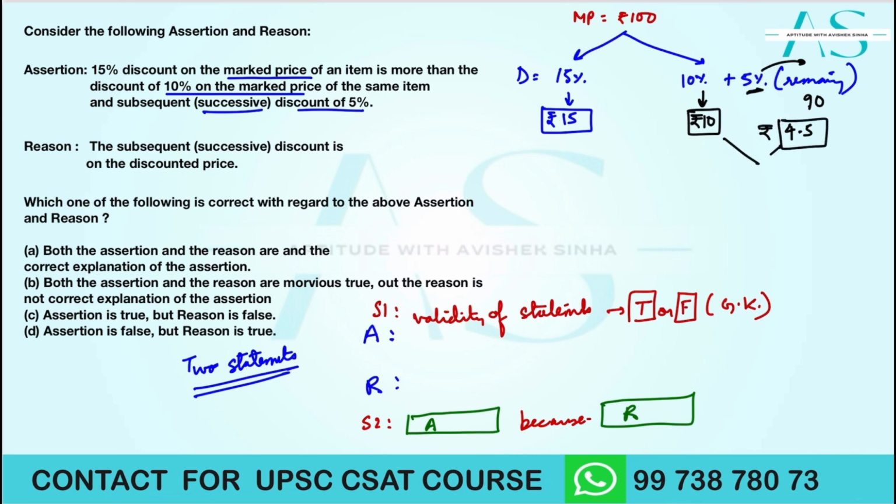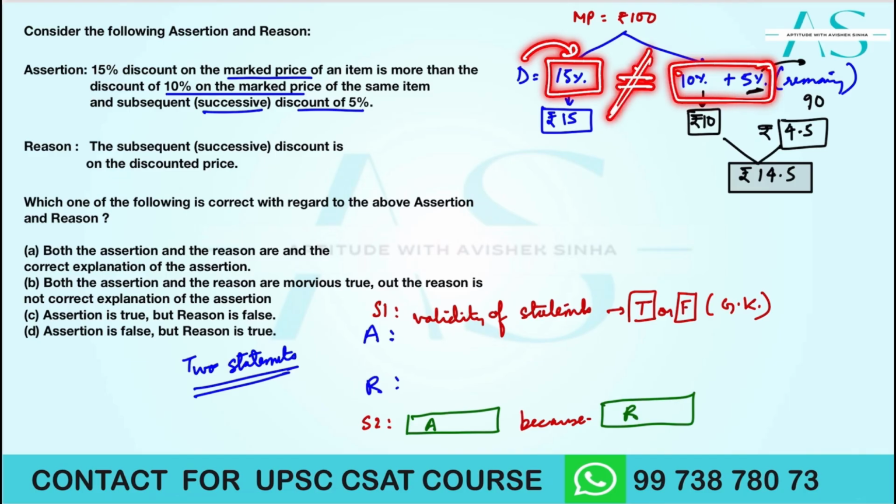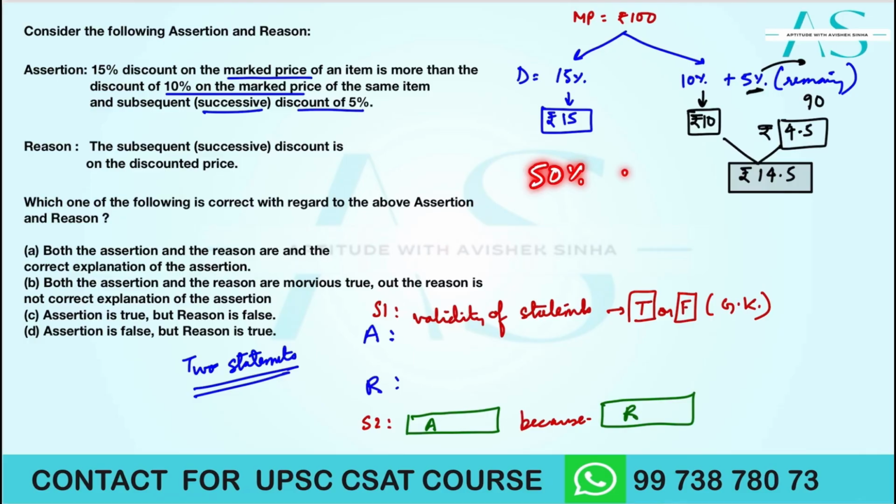So ideally added up these two is only 14.5. अब आप मुझे बताओ क्या ये सेम है? 15% single discount, is it as good as 10 plus 15? No, never. जैसे if I tell you 50% off or I tell you 25% plus 25% off, क्या ये दोनों बराबर है? No, these are not true. So always the single discount is the heavier discount or heavier value.